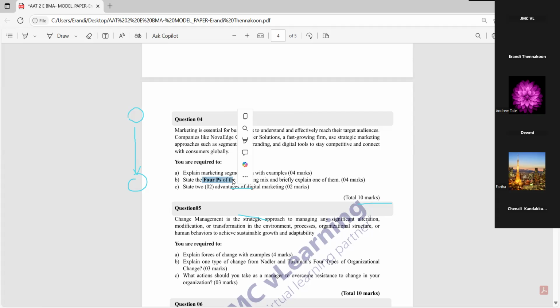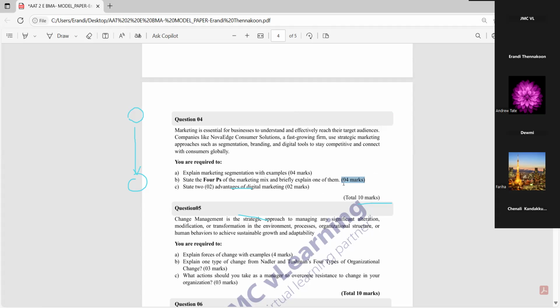No. The 4 P's of marketing are only product, price, place, and promotion. And you have to explain one of them. It also gets 4 marks. You will get at least 2 for naming them, and 2 for the explanation.